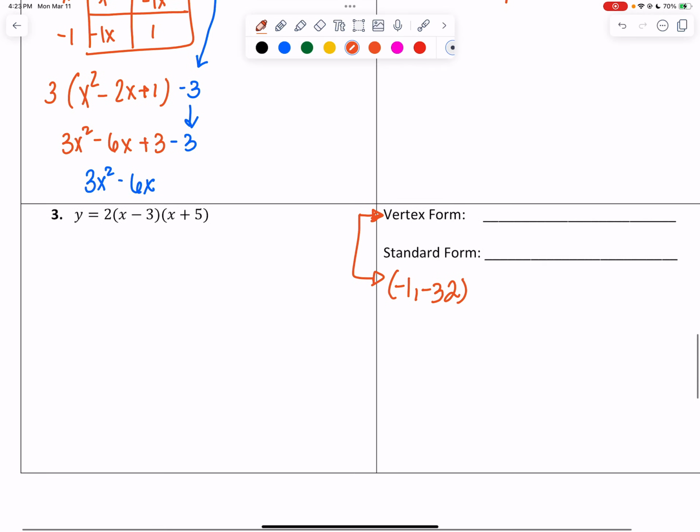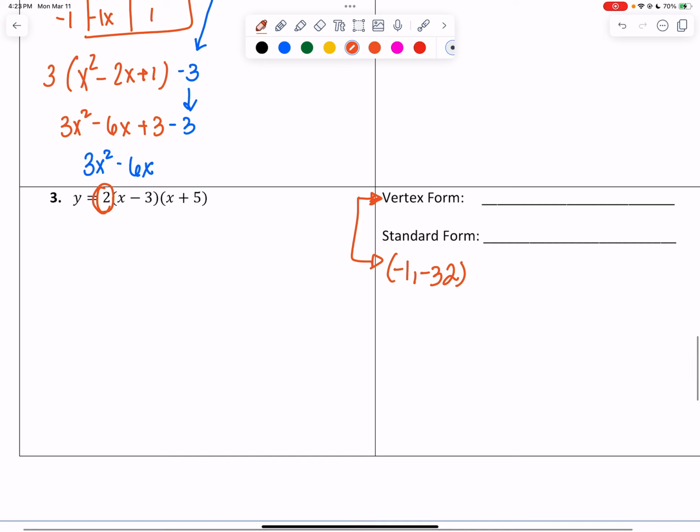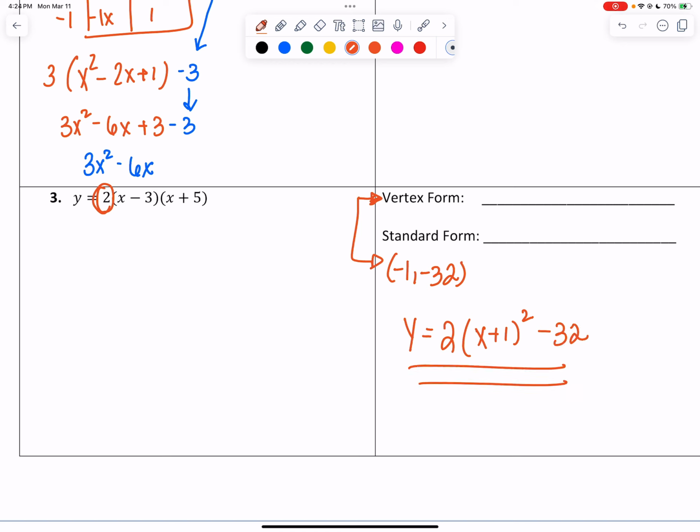You'll also notice that your A value here is 2, because that's my leading coefficient. So this tells me that I have 2 times x plus 1 squared, because my vertex is negative 1, and then I have minus 32. This right here is going to be your vertex form, okay?